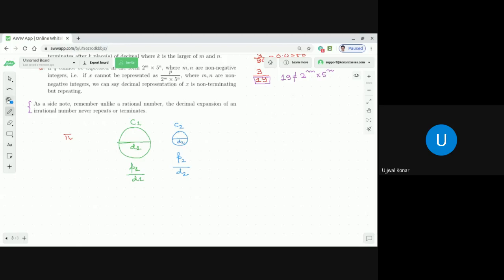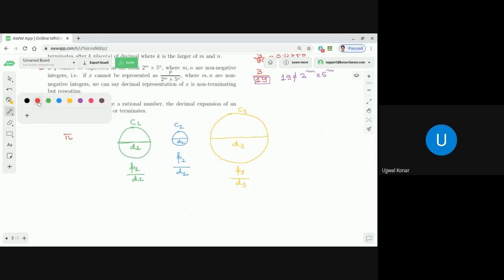And now let's construct a very big circle, maybe a circle like this. Let's call it C3. And here also we find the circumference of the circle as P3 and the diameter of this circle as D3. Correct, dear students? So this is D3.